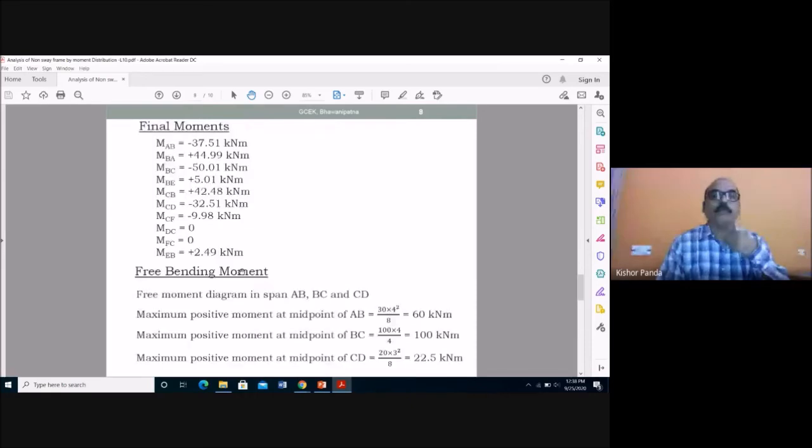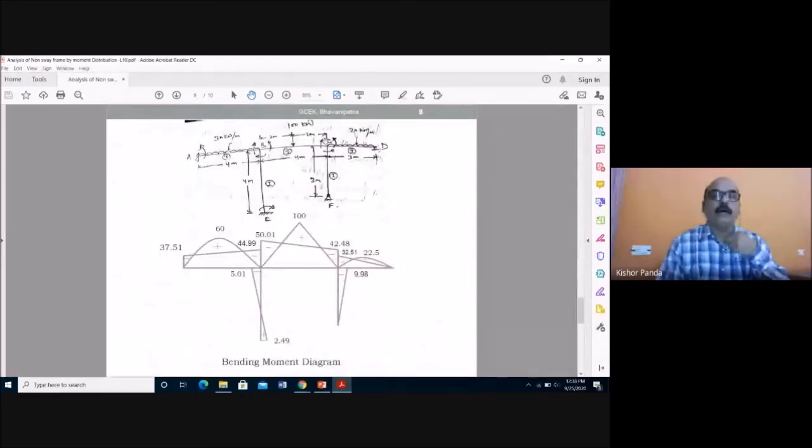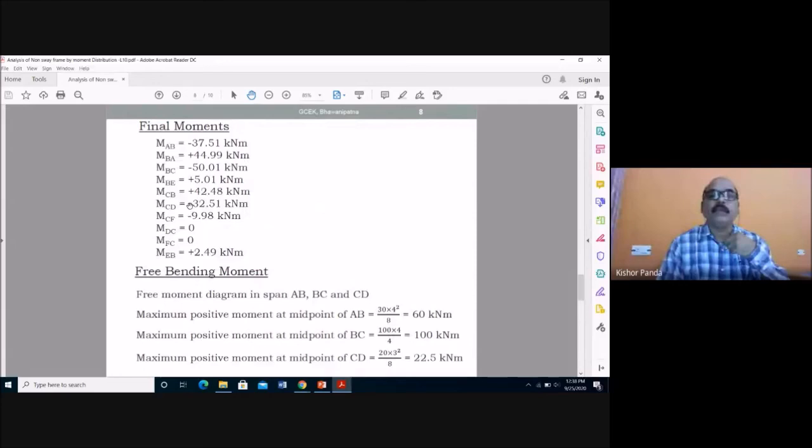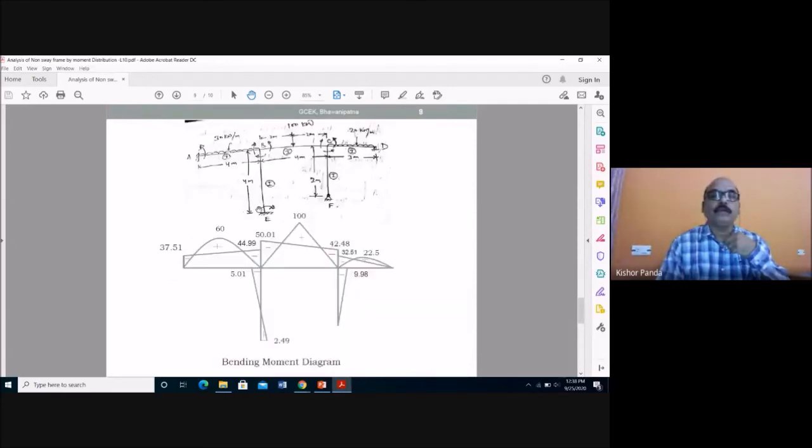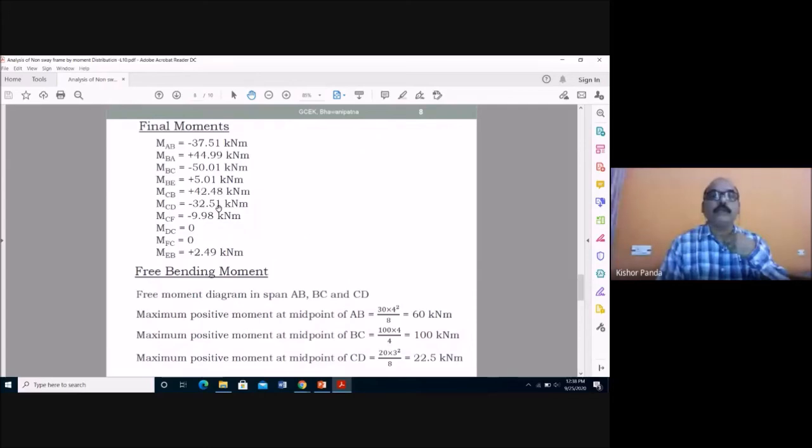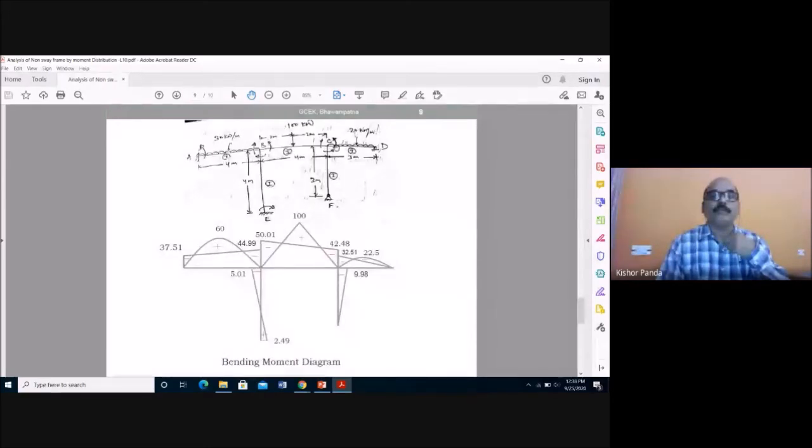Then MCB is your 42.48, so here you draw. Then MCD is minus 32.51, so this side 32.51. Then MDC is 0. So you draw this line, and for BC draw this line, and for CD draw this one.